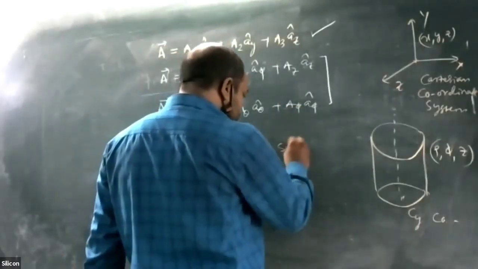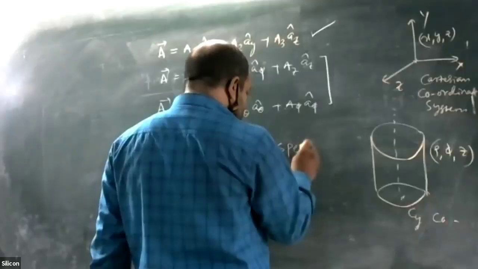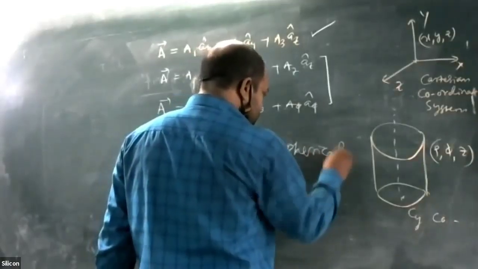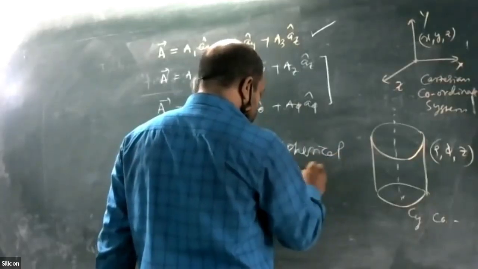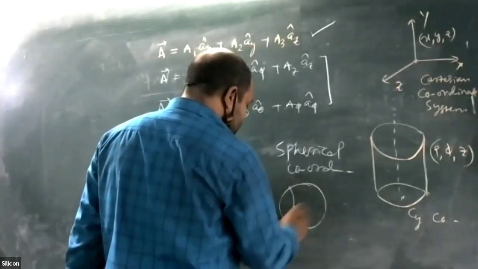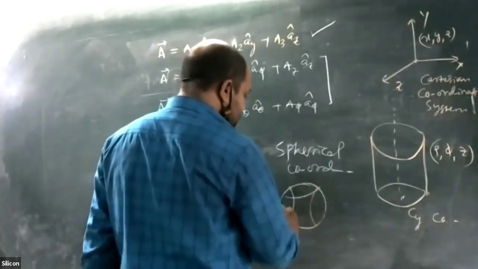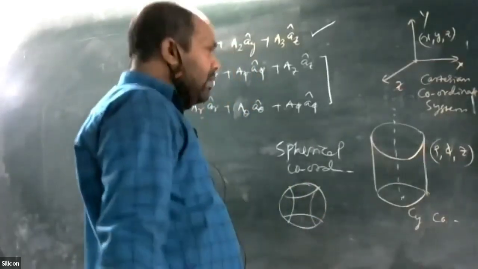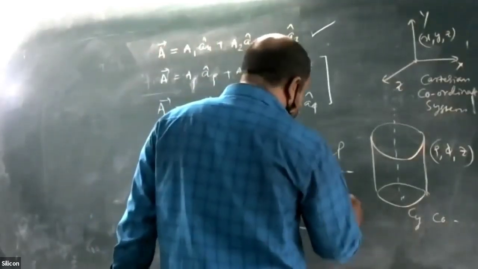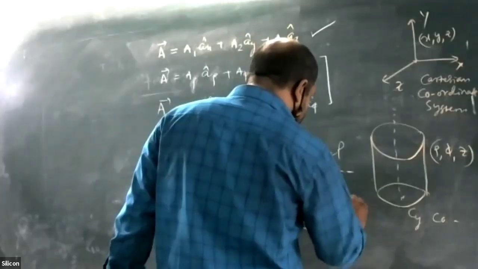Think about this cricket ball or football. In the spherical coordinate system, any point is represented as r, theta, phi.